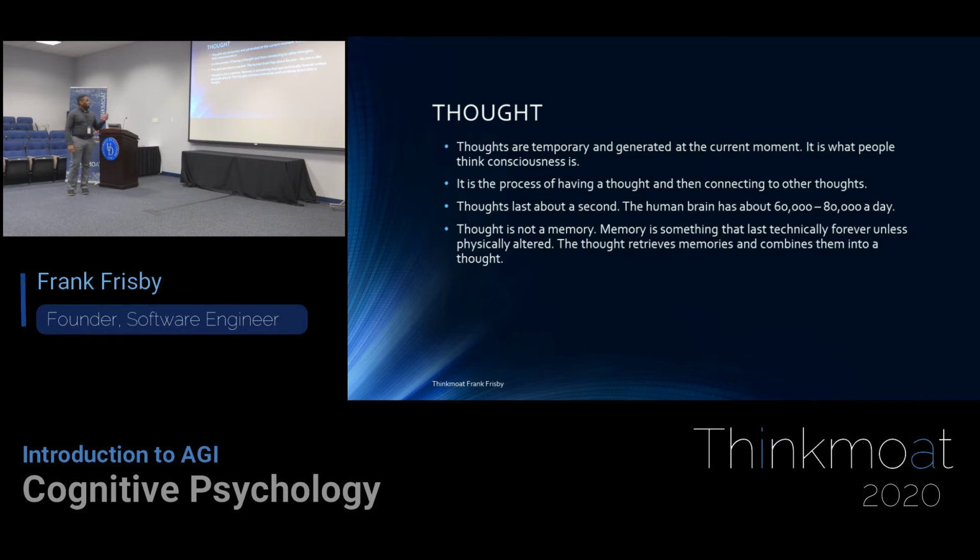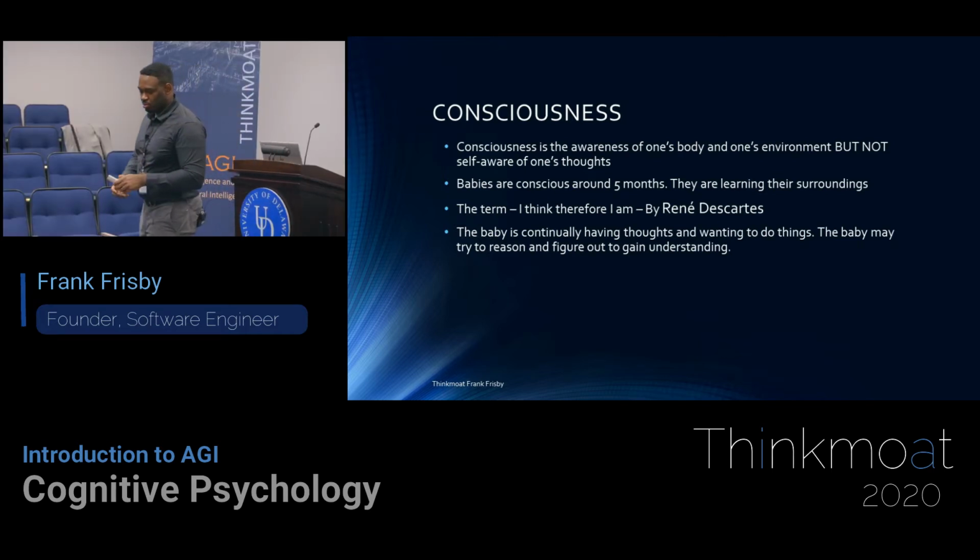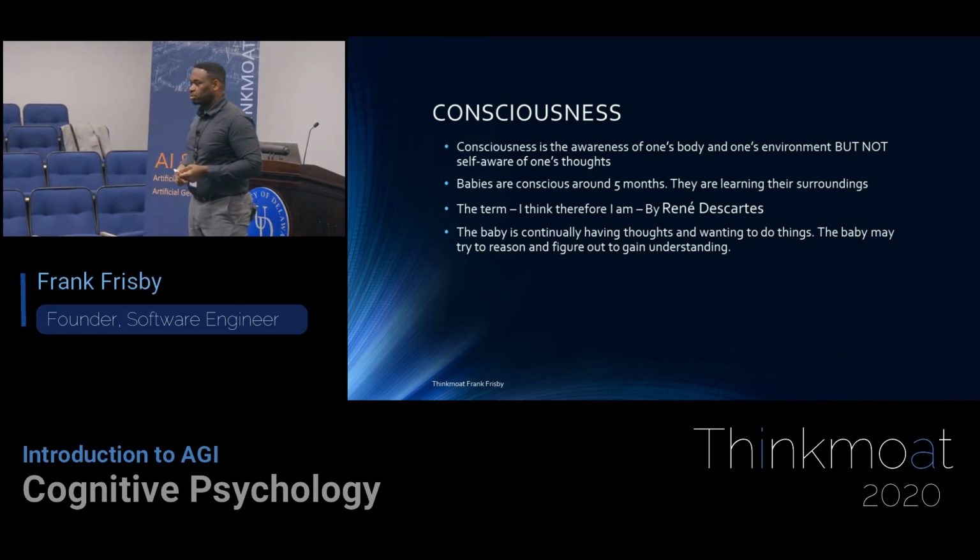So you need thought to help with consciousness, and that's what we're going to get into next. So consciousness is the awareness of one's body, one's environment, but not self-awareness. So if you have an AGI system, it's supposed to be conscious enough to understand its physical body and physical environment. I mentioned earlier, dealing with the Unreal Engine, for example, when people test things, it's not conscious in there.